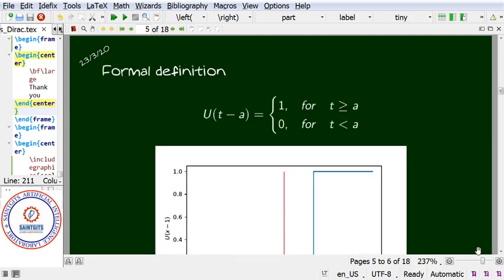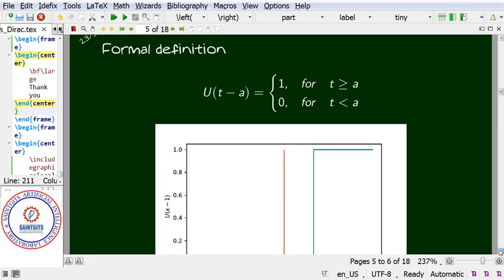A formal definition of the Heaviside step function or unit step function is like this. If t minus a is positive, it gives 1. If t minus a is negative, it is 0. We formulate this as a two-case function like this. Now look into the range. If t is greater than or equal to a, what happens to t minus a? It is positive. In that case, the response is 1.